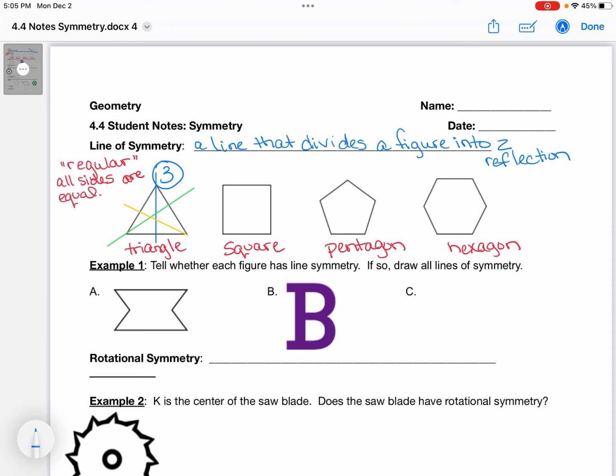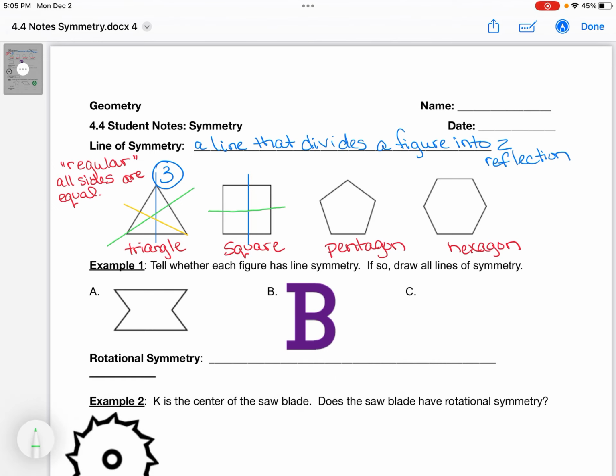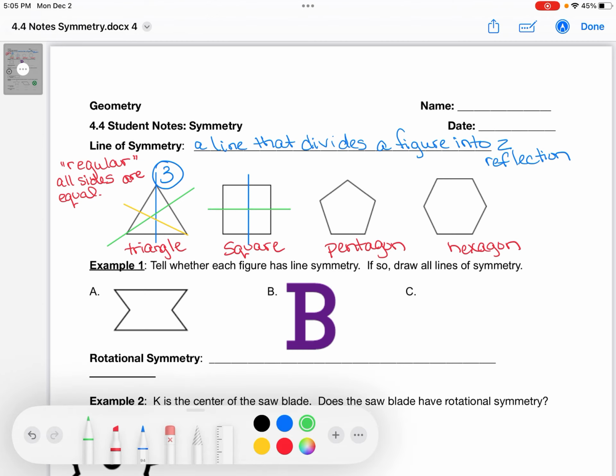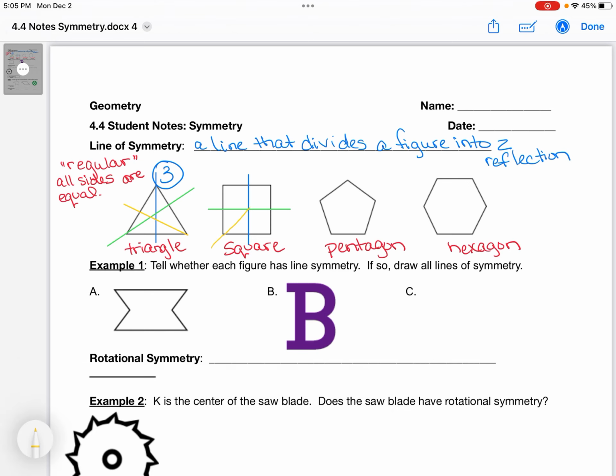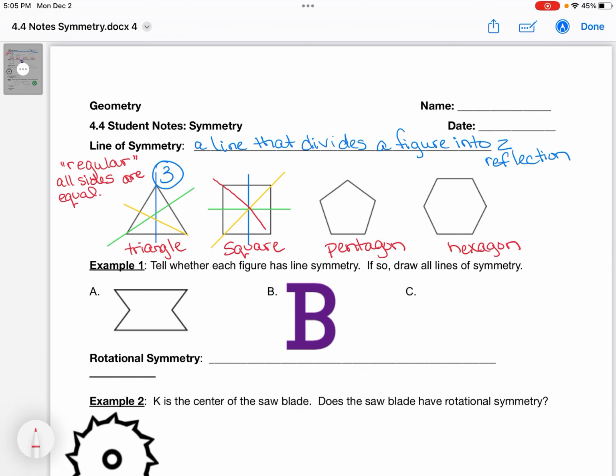Same thing for the square. If you think about how many lines of symmetry there might be, there's for sure one going this way, and there's for sure one going this way. But because it's a square and all the sides are equal, you can also draw one diagonal, and then you can draw one diagonal this way.